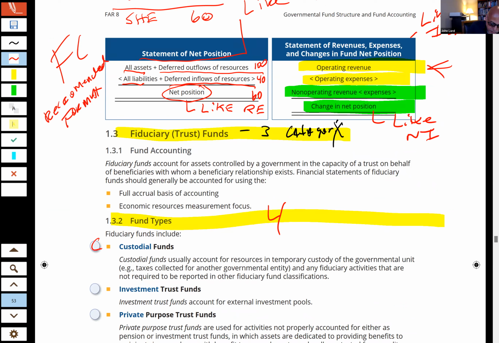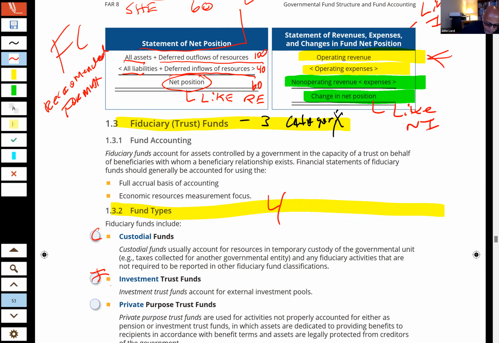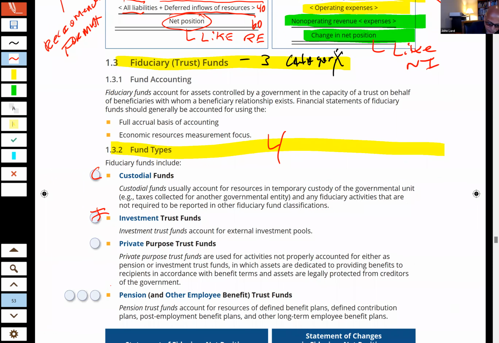And the mnemonic here is: for the custodial funds, that's C. The investment trust fund is I. Private purpose trust fund is the P. We have another P here, and then for these, they go OE. I just recommend that you remember KIP, okay, CIPP. CIPP for KIP. That'll help you remember the different fiduciary fund types, okay?